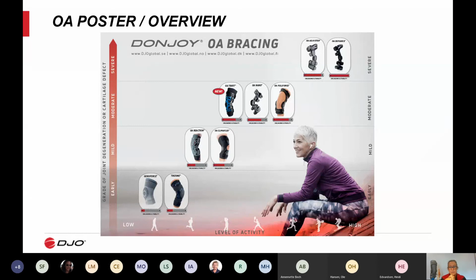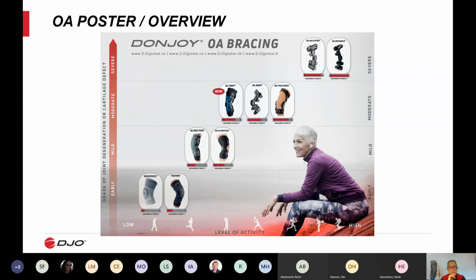I'm not going to show you all the products because we don't have the time, but we have an overview where we have a poster. Here you can see the level of activity at the bottom, and where you see early, mild, moderate, severe, that's around the OA.